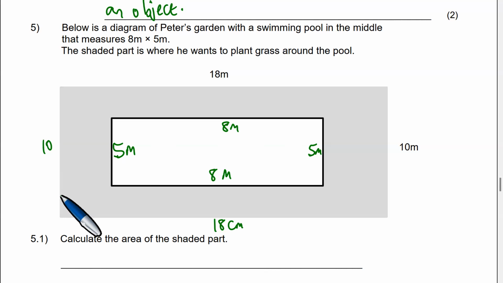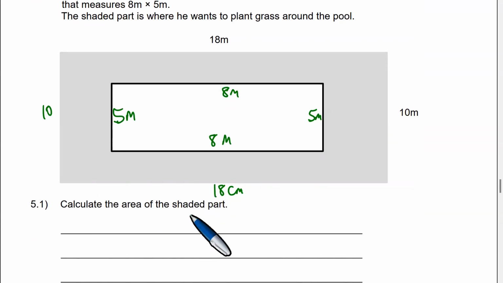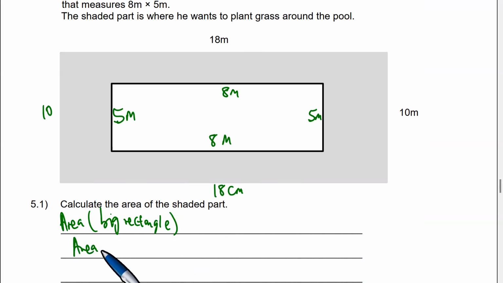So you have two areas, the big rectangle and then the small rectangle. Area of the big rectangle, area of the small rectangle. What is the area of the big rectangle?